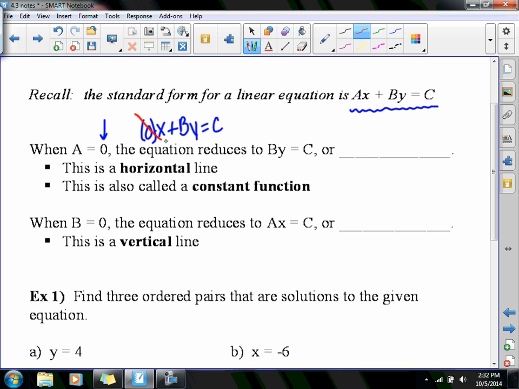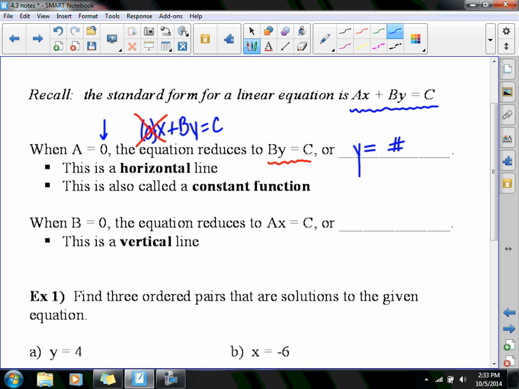So that whole term is going to go away, and you end up with by equals c. Now, a better way to think of that is just y equals some number. Could be y equals 8, could be y equals negative 19, doesn't matter, y equals some number. And that's what the equation for a horizontal line is going to look like. And this is also called a constant function because it's just y equals a number.